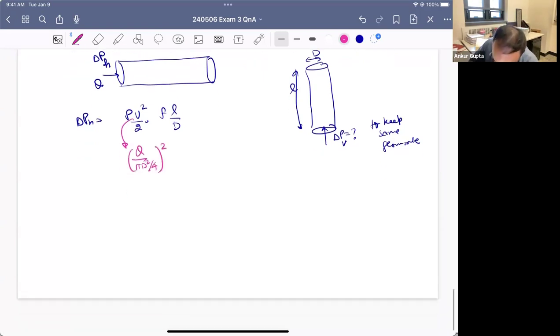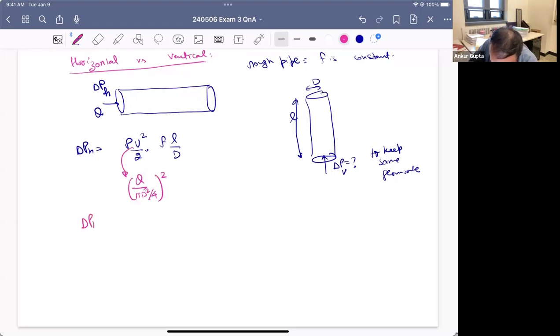So I get delta P_H is equal to rho Q square, times 16 by pi square D to the 5, into f times L. I'm just rearranging this by substituting the value from flow rate to the diameter. And why have I done that? Because I've been asked to keep the same flow rate. So that's why I'm going away from the velocity to the flow rate.